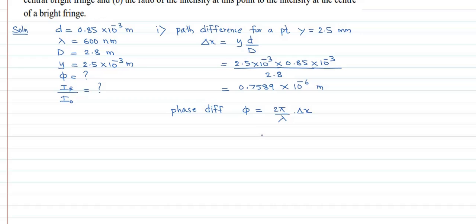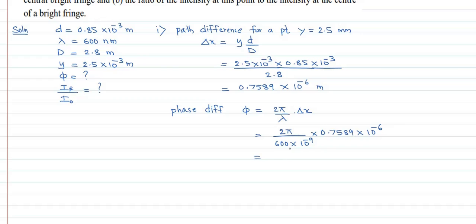So if I substitute, I will have 2 pi divided by 600 nanometer, so 600 into 10 raised to minus 9, and delta x is 0.7589 into 10 raised to minus 6. So simplify.